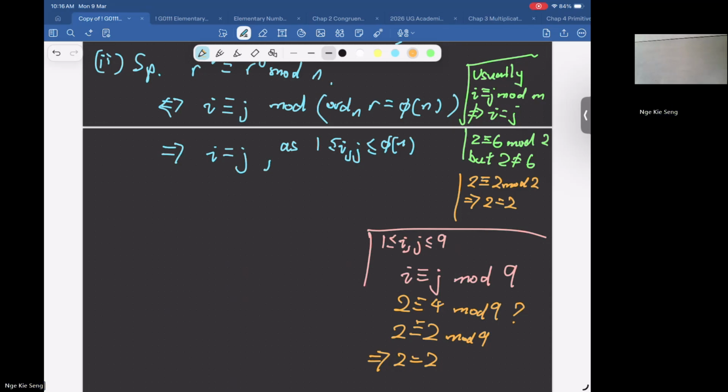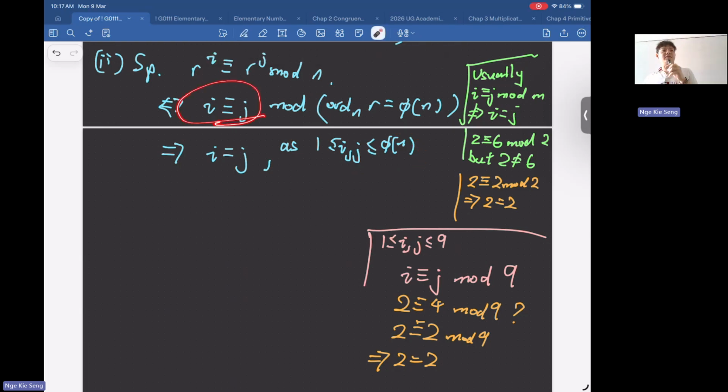Because the i and j we consider are less than 5n, if they are congruent to each other, they have to be the same. You cannot pick two different numbers less than 9 that are congruent to each other. Does it make sense? You can remember this example.